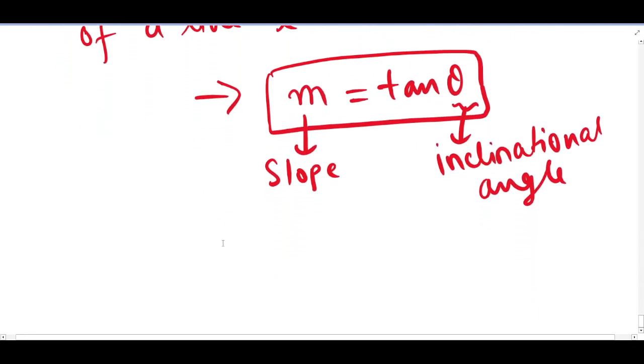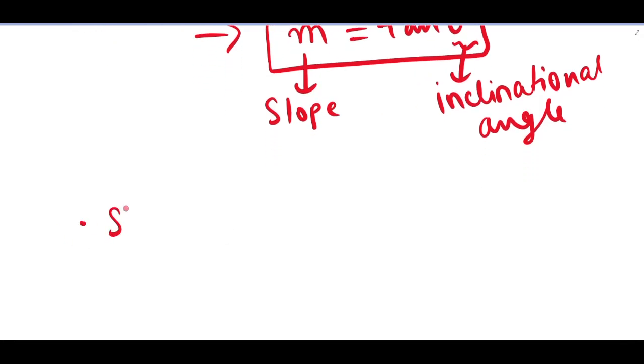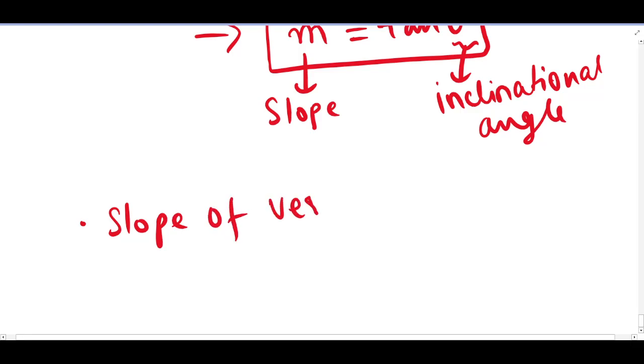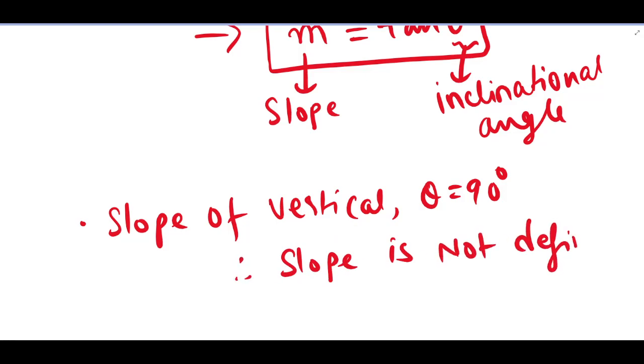So if we define the slope of a vertical line, then theta is 90 degrees. So slope is not defined, because tan 90 is infinite.